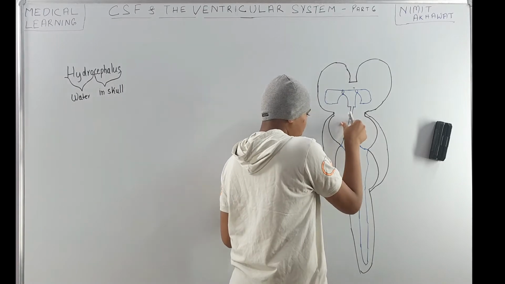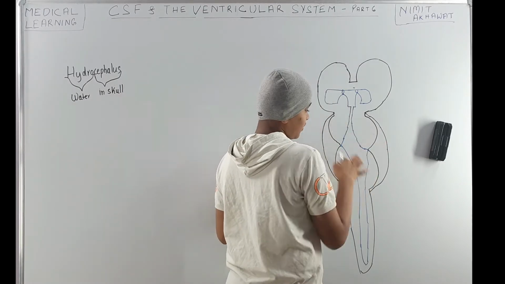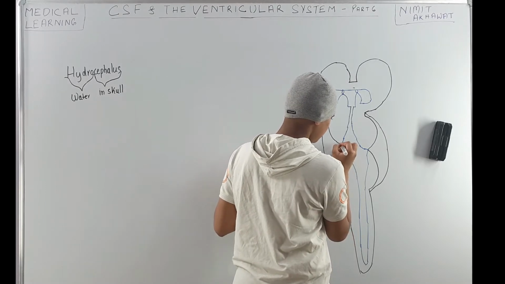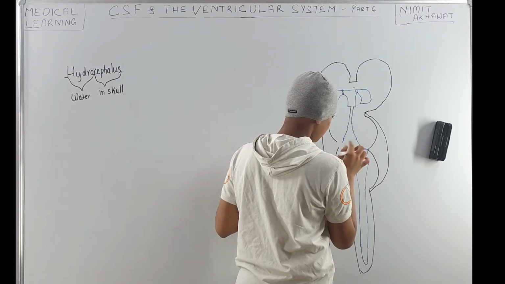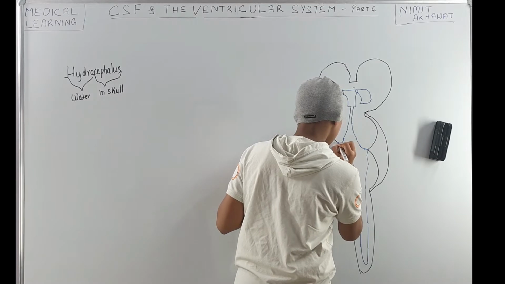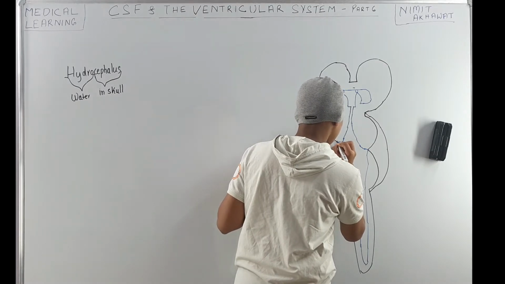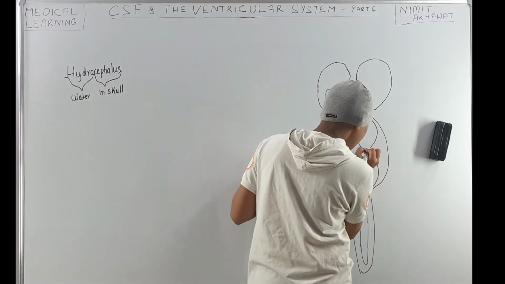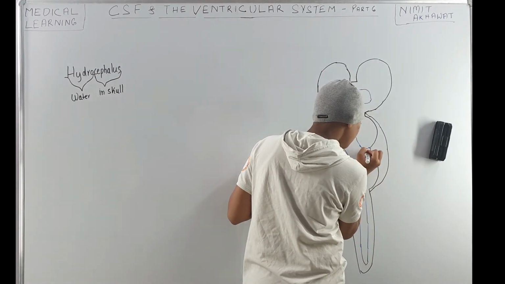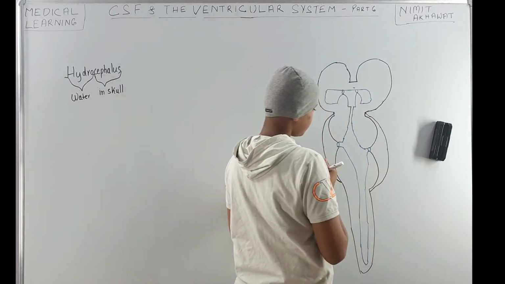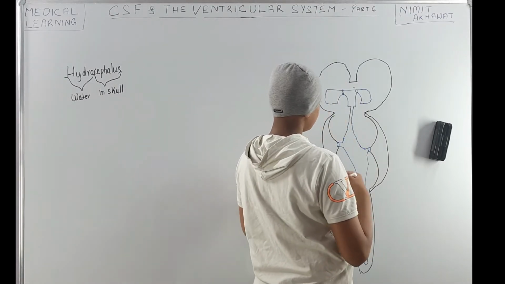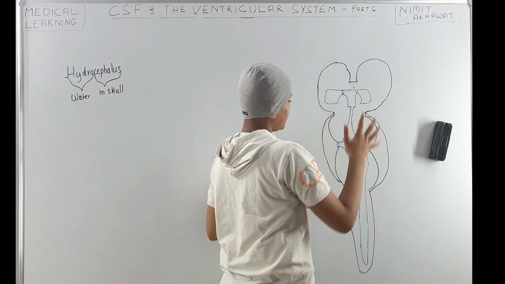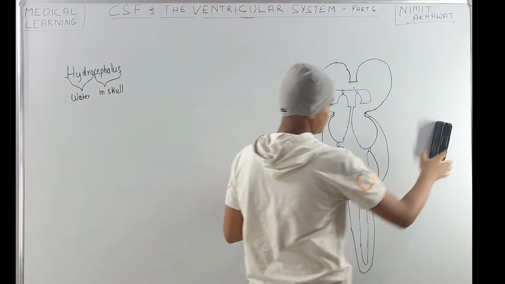And this cerebral aqueduct and central canal form the fourth ventricle. Cerebrospinal fluid is produced in the lateral ventricle, third ventricle and the fourth ventricle.